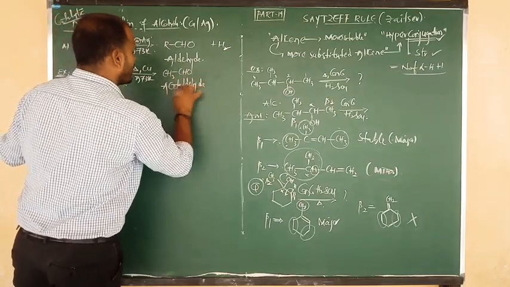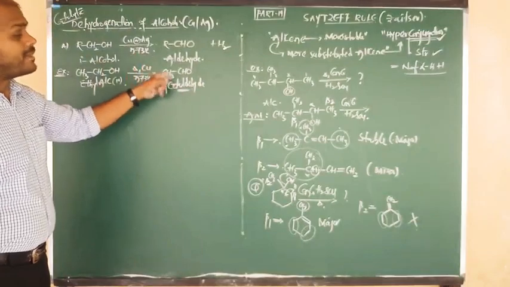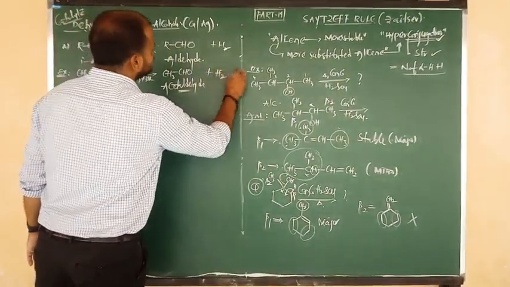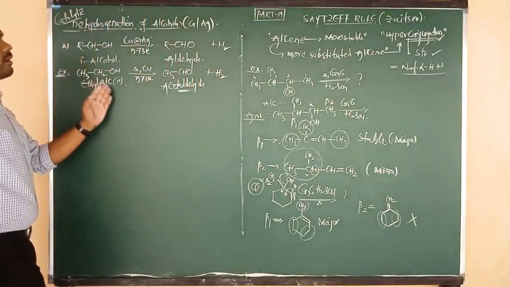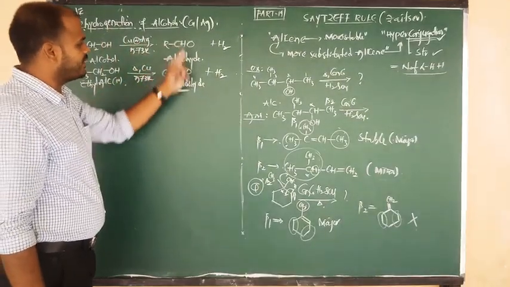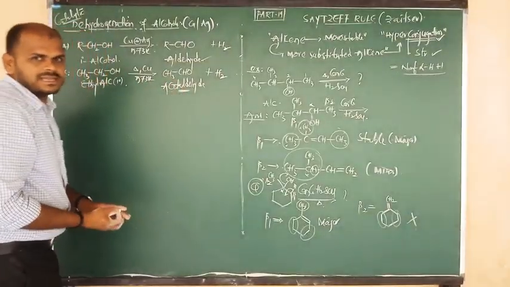Try to remember the formula. If you don't know the formula, you can't do anything. Try to remember the name along with the formula. Good. So after removal of what, beta? H2, that is, it undergoes dehydrogenation. Primary alcohols on dehydrogenation with copper or silver at 573 Kelvin give aldehyde. So ethyl alcohol gives acetaldehyde.